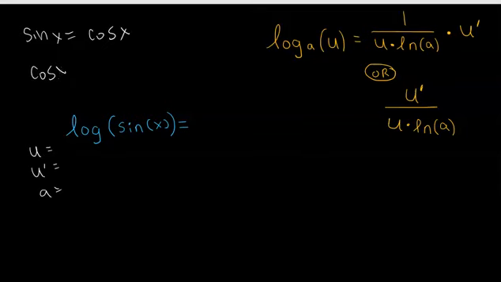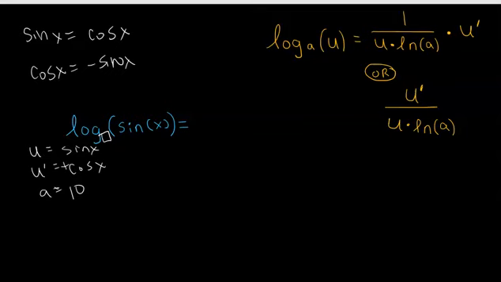And of course, if we had cosine x, it's going to be negative sine x. I have sine, I'm going to put that there for you, and the derivative is cosine x. It's just positive cosine x. There is no negative. The letter a, well, if there's nothing written in the subscript, the little number on the bottom, it's going to be a 10. By default, we always do a little 10.